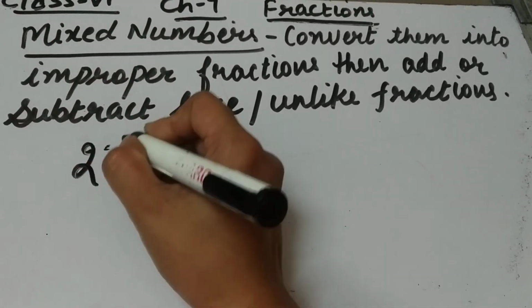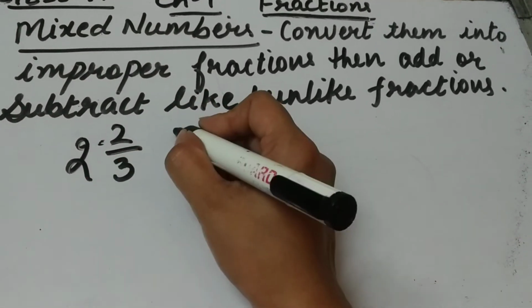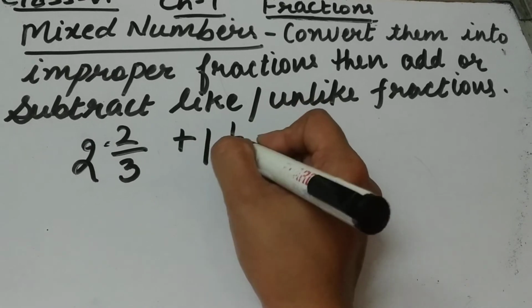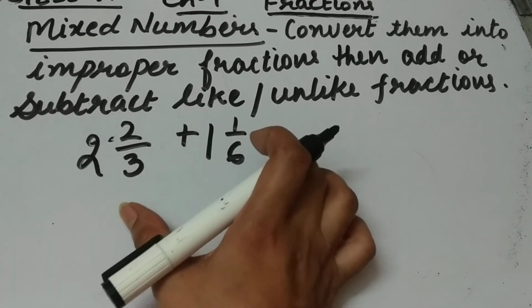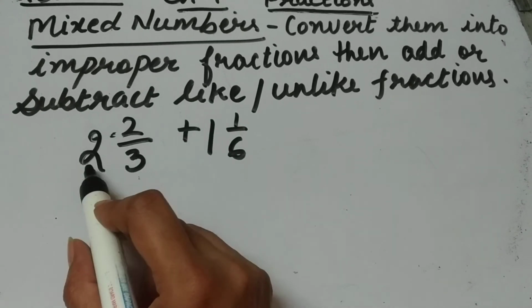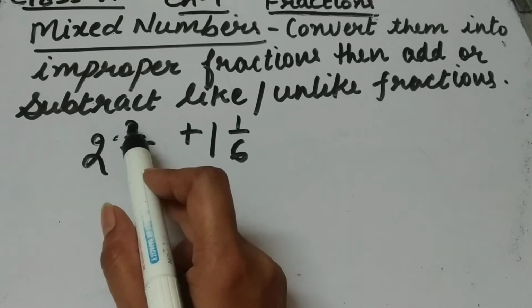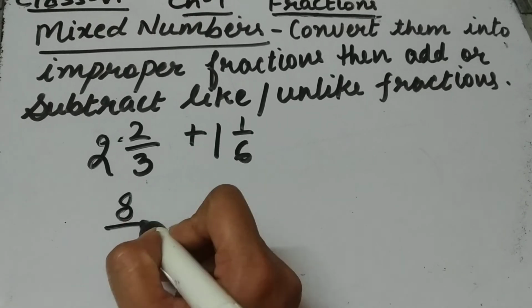Suppose we have to add 2 2 by 3 plus 1 1 upon 6. First of all we convert these mixed fractions into improper fractions. We multiply the denominator of the fraction by the whole part and add the numerator to the product. So 3 2s are 6, and 6 plus 2 is 8, so it will be 8 upon 3.